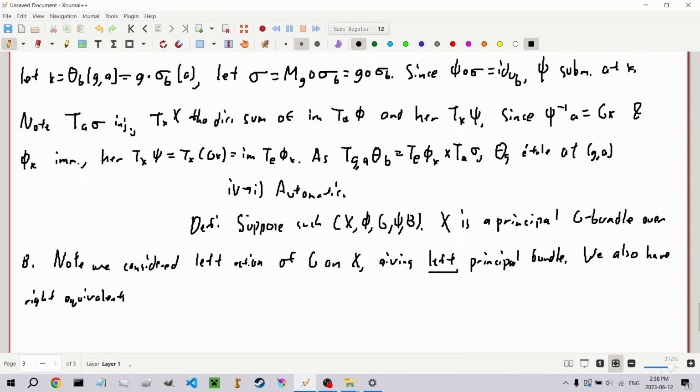Brings us to another theorem, which is automatic, just being a special case of our previous theorem.